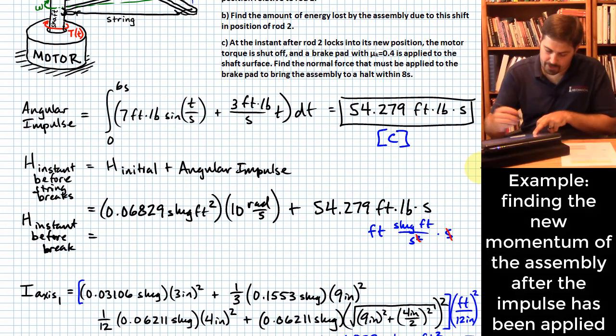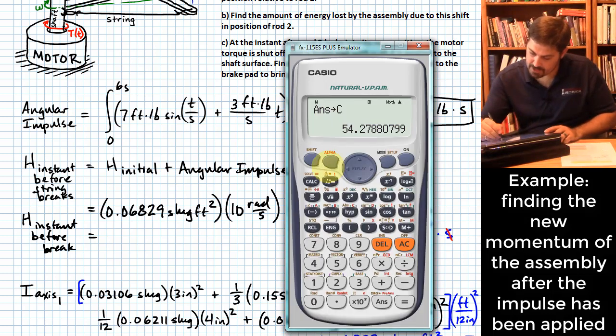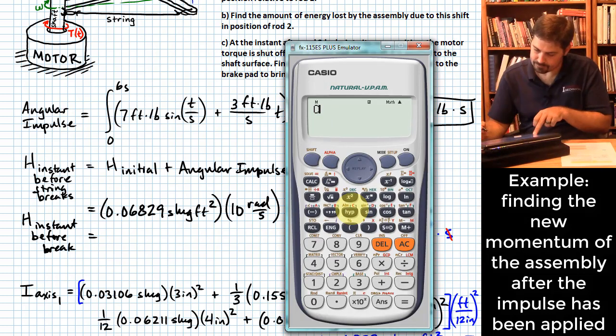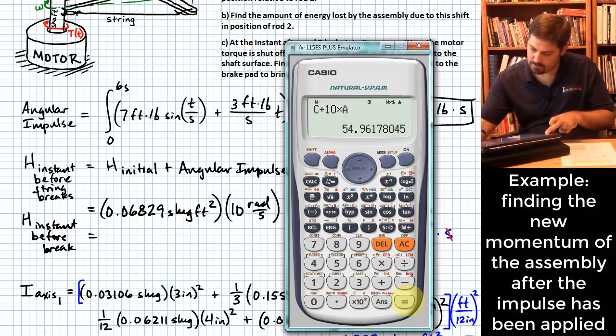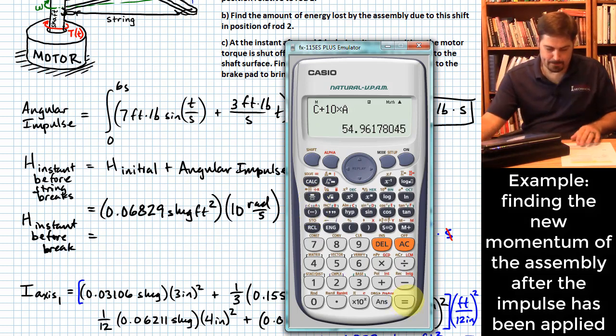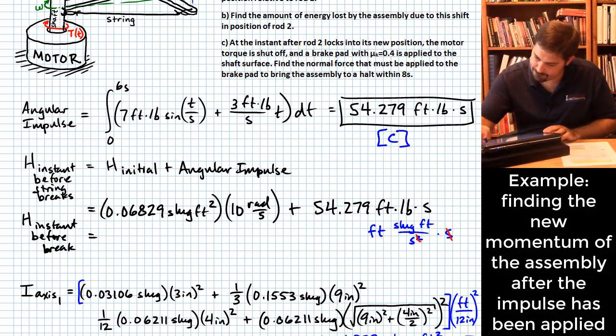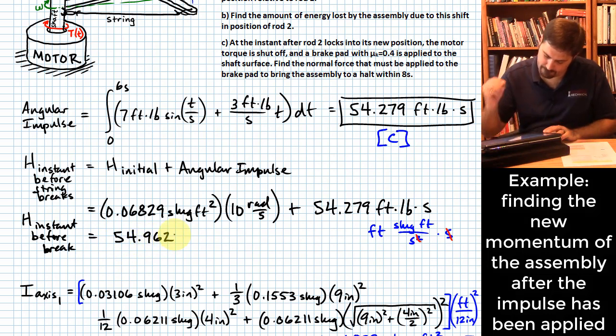So at the instant before break, we basically just have C plus 10 times A. And this gives me 54.962, and that's just going to again be in slug feet squared per second.